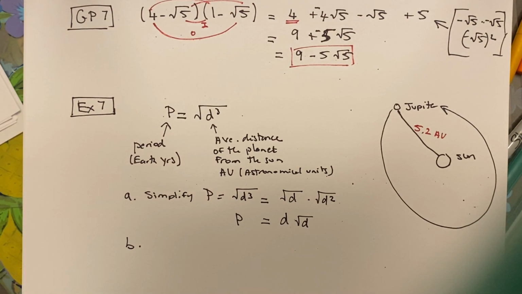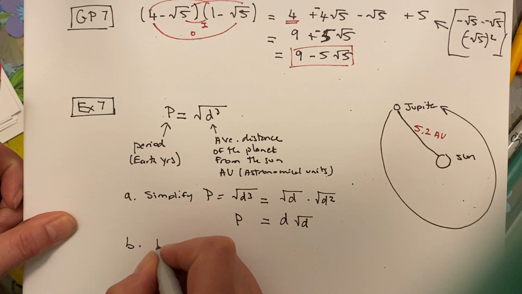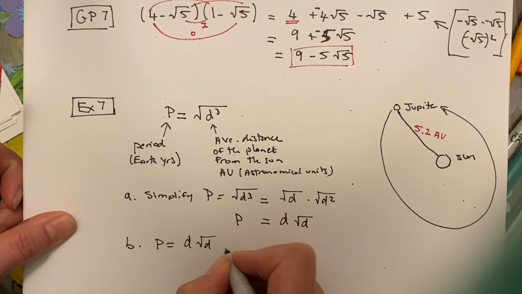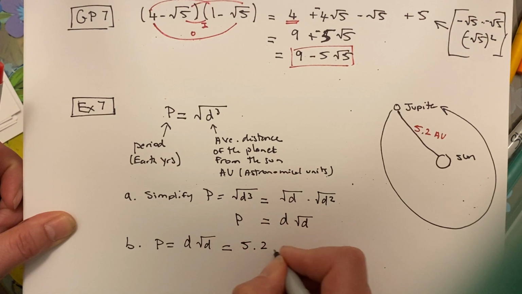Jupiter's average distance from the sun is shown in the diagram, which shows 5.2 astronomical units. What is Jupiter's orbital period? Well, if I have P equals, now my simplified formula, D square root of D, it equals 5.2 times square root of 5.2.